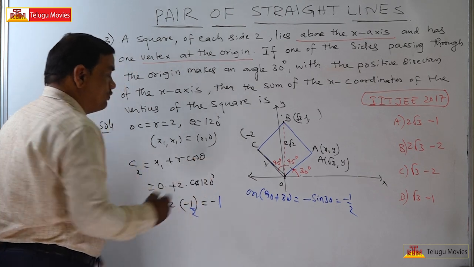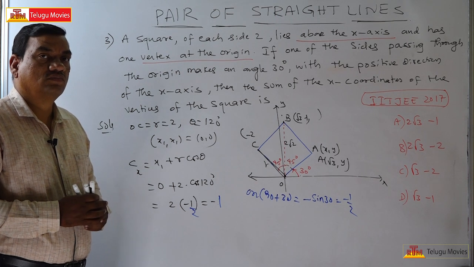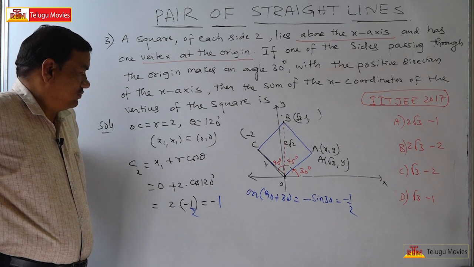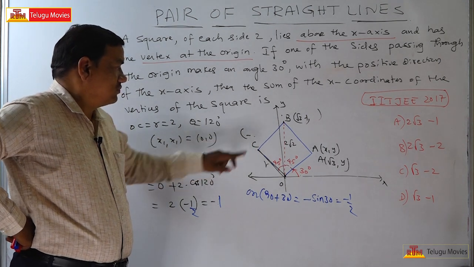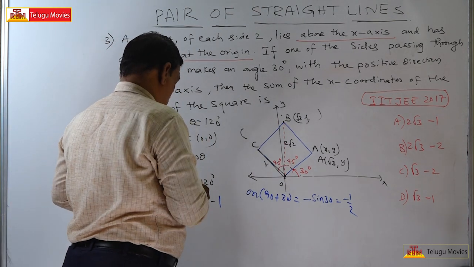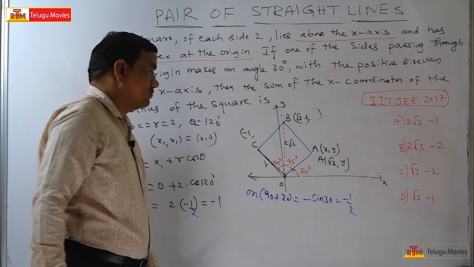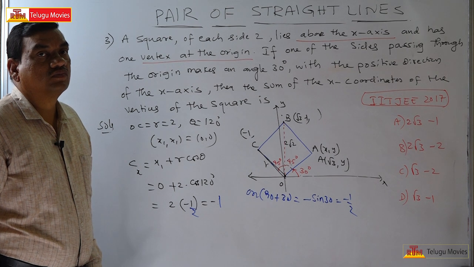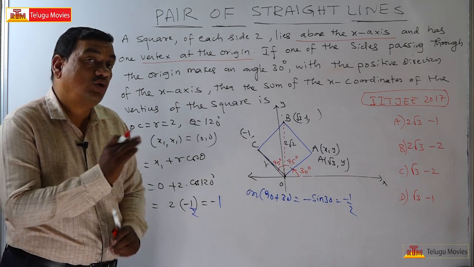So, you will get minus 1. So, the x coordinate of C is equal to minus 1.